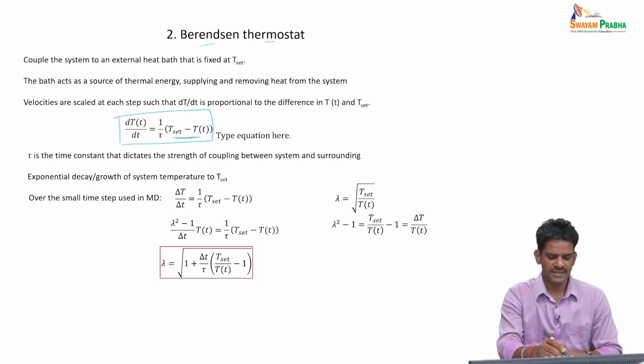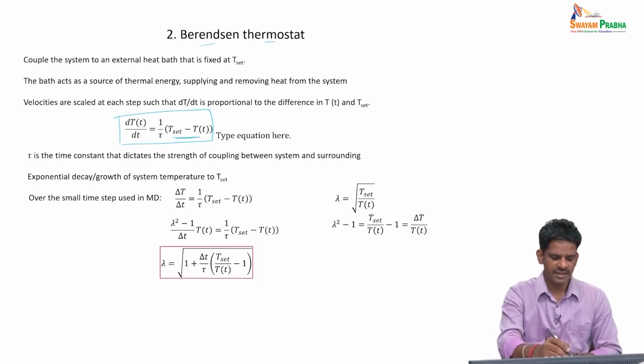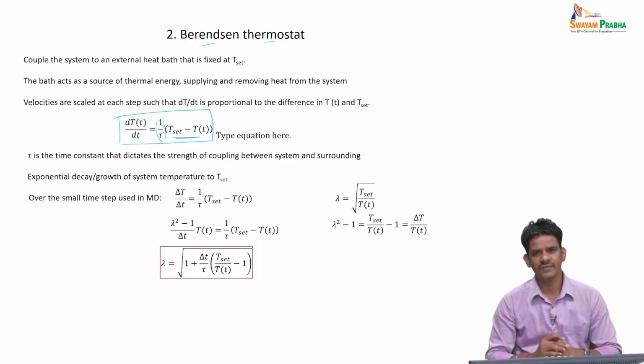Here the surrounding is at a T set temperature and the system is at temperature T at any point of time, and the rate is given by the inverse of some time constant, and this time constant will tell us how strongly the system is coupled with the surrounding.